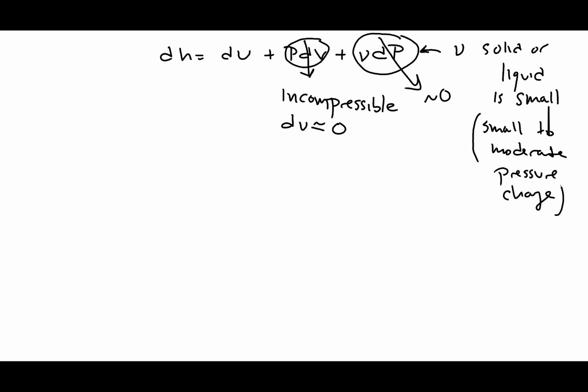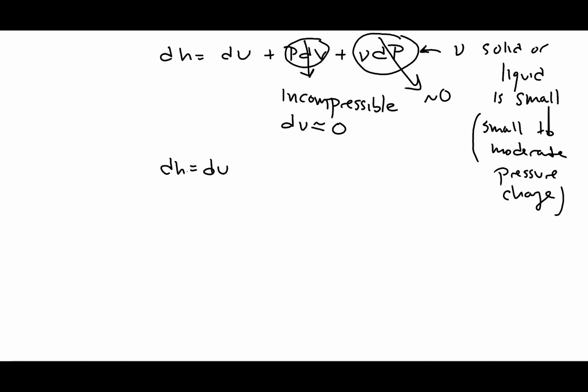And so then the specific volume is really small, and so we're going to assume that this V dP term is approximately 0. So if we do all that, we get that dH is equal to dU.